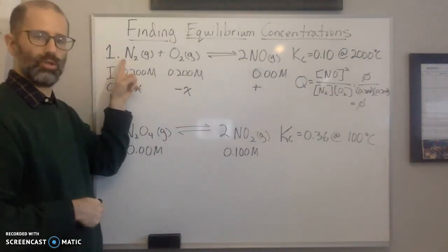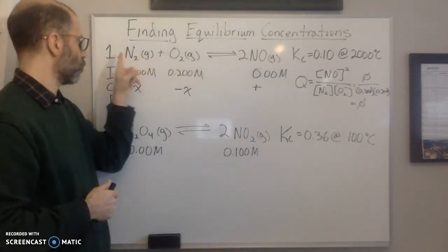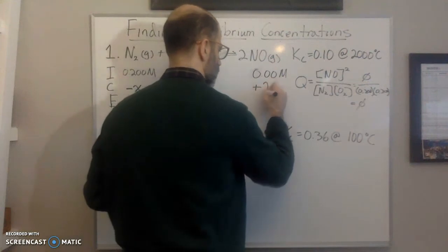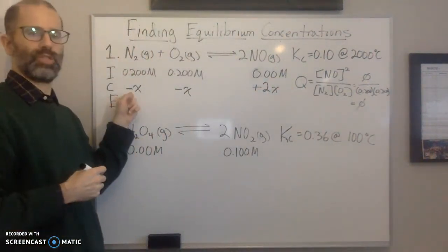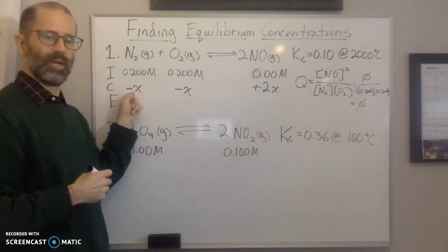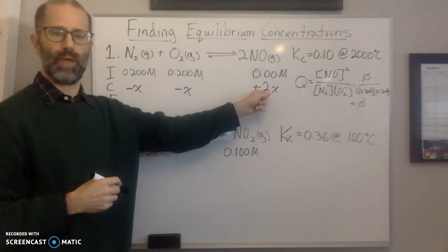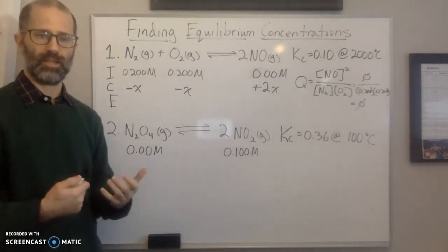So we're going to lose here, we're going to gain here, but it's going to be double because it's 1 to 2. So the amount here is not going to be x, but 2x. So we're losing x amount here, we're losing an x amount here, and we're gaining 2x amount there. So that's how we set up our change.